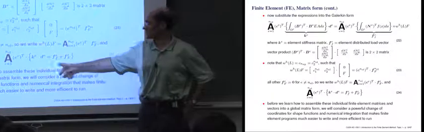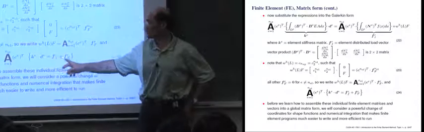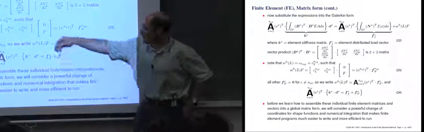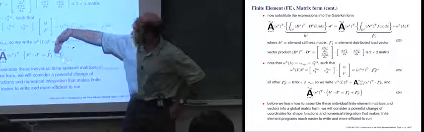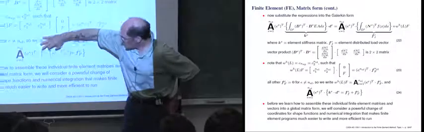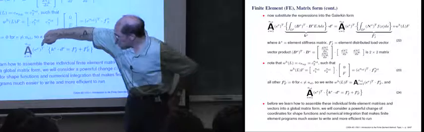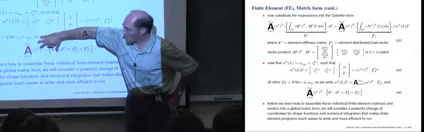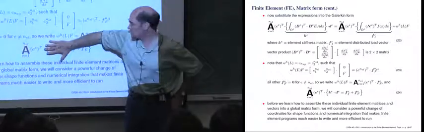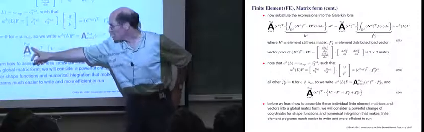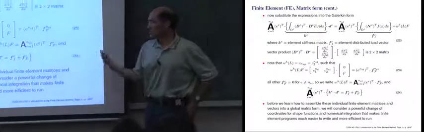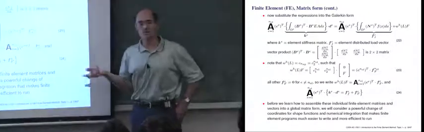For this linear element that we're considering two nodes, this is the distributed force vector, the concentrated force vector, and they're all within this brace, and they're all 2 by 1. So this is a 2 by 1. This is a 1 by 2. Gives you back a scalar. So it's still an energy-like equation.